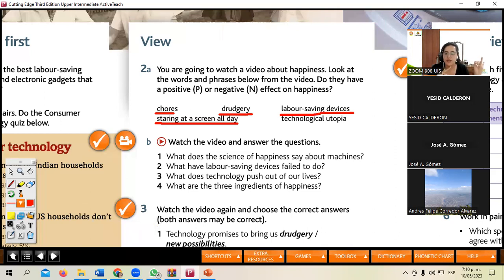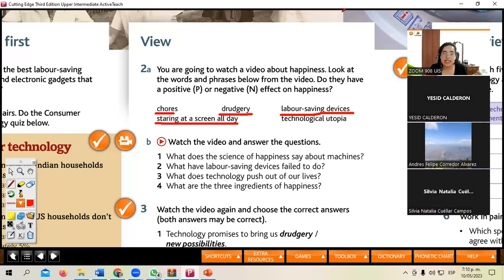Also, the dishwasher is a labor-saving device. What else? The vacuum cleaner. Yes, entonces son dispositivos o electrodomésticos que ahorran trabajo. Labor-saving devices like washing machine, like the vacuum cleaner, like the dishwasher, lavaplatos, la lavadora. All of these are labor-saving devices.